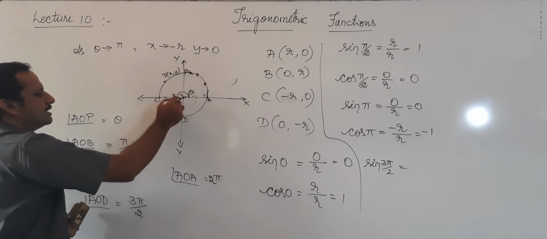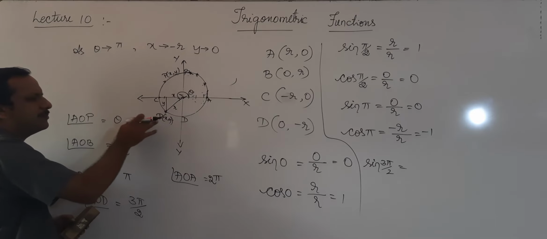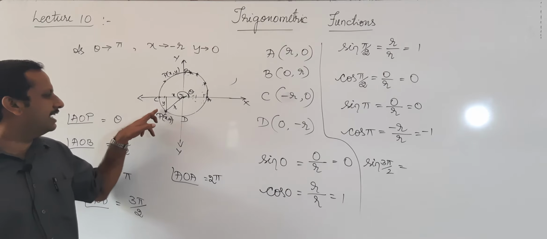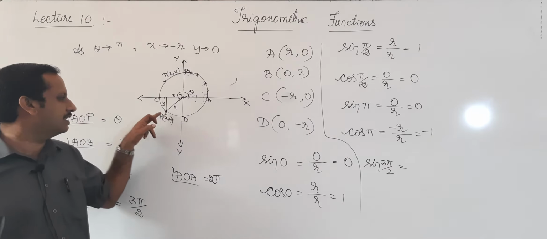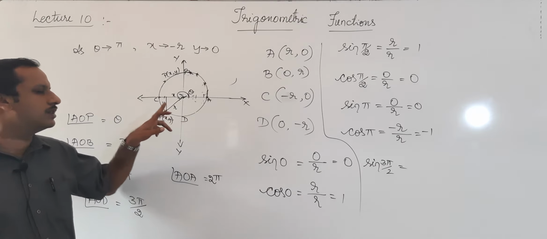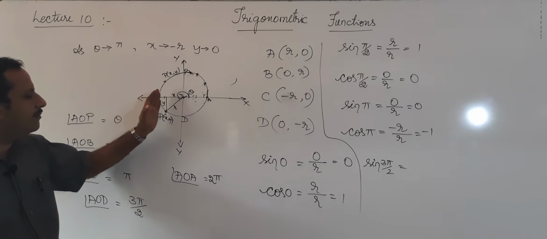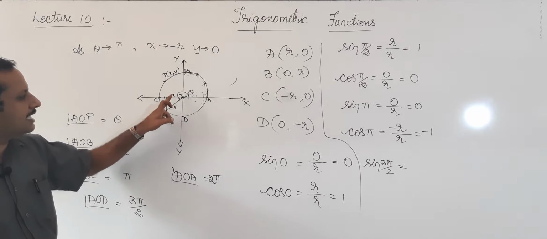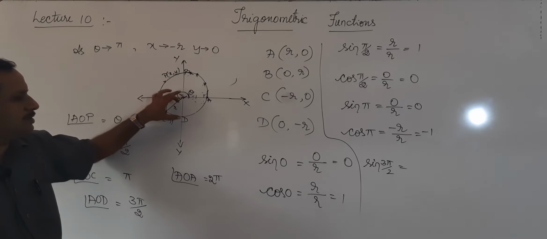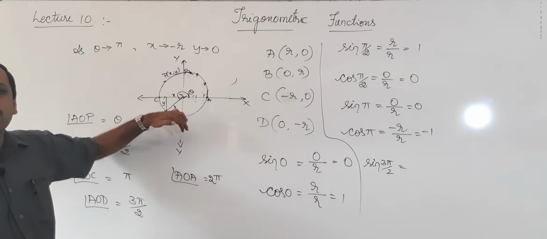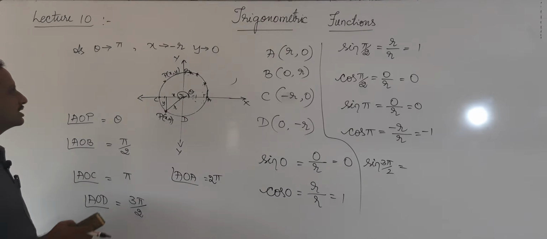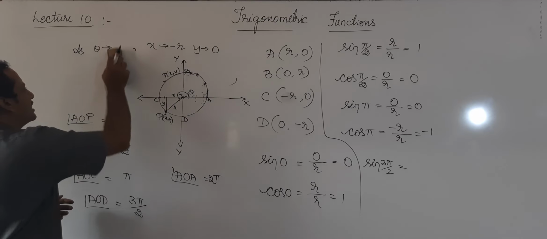This angle is theta, that theta is going towards D. So when this point P of x y approaches D, theta will tend to 3 pi by 2, and as this moves along, the x value goes on decreasing, x will become 0, and y will go to this position, that y will tend to minus r because it is along the negative y axis.